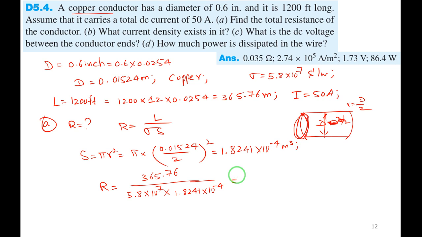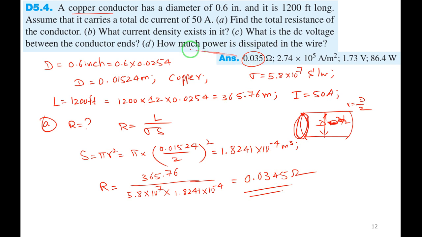So I'm getting it as 0.0345 ohms, right? 0.035, they have rounded, right? Round it to next higher digit.